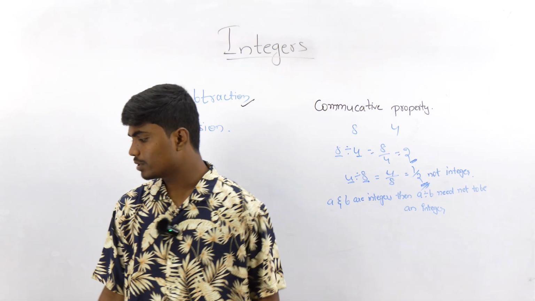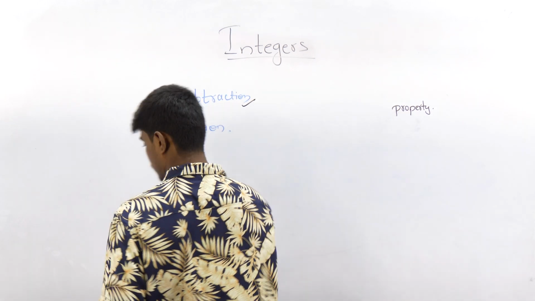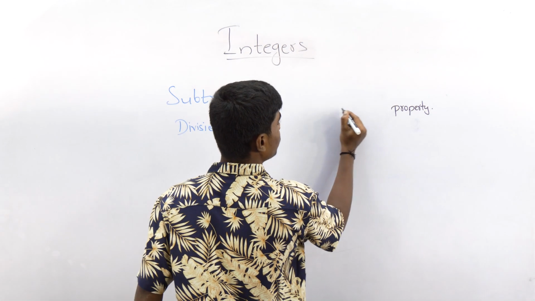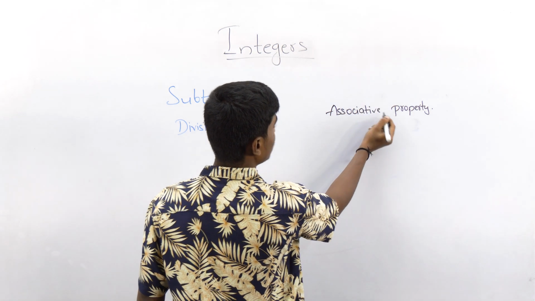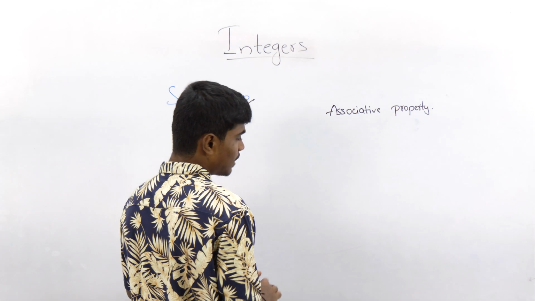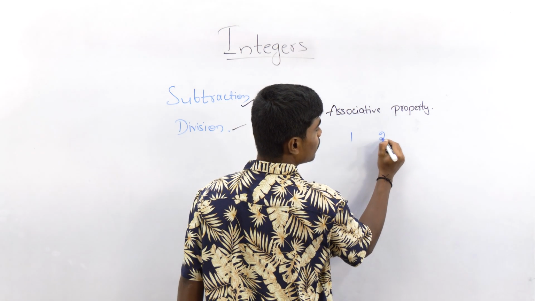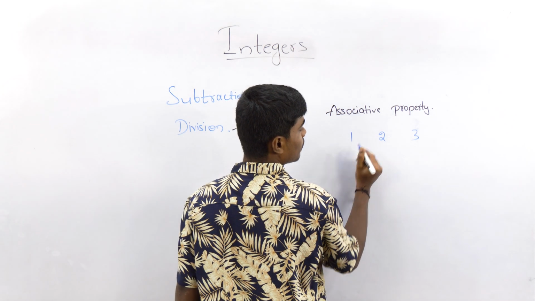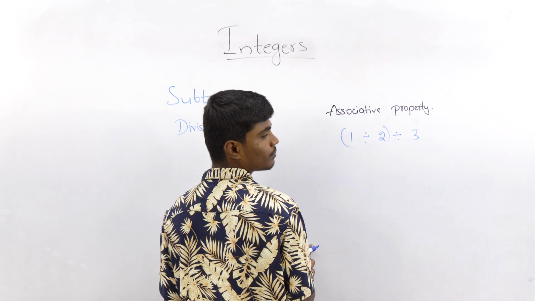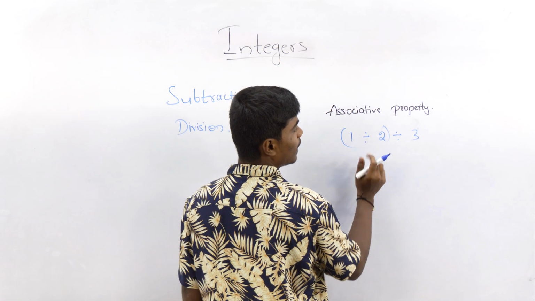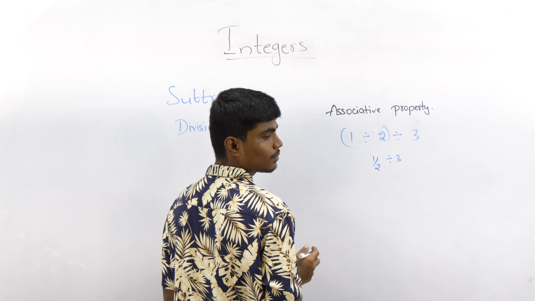Now let's take the associative property for division. Let's take three integers, 1, 2, 3. 1 divided by 2, 2 divided by 3. First let's do this: 1 divided by 2 is 1 by 2, divided by 3.